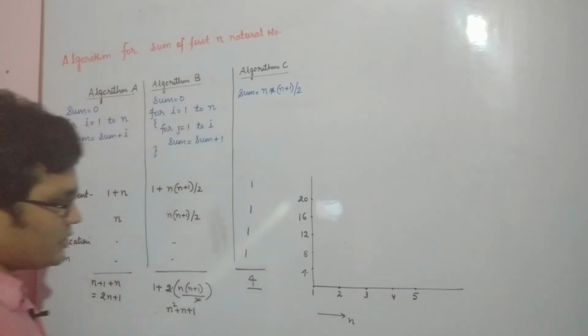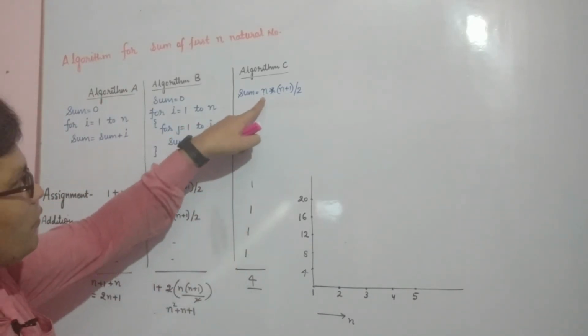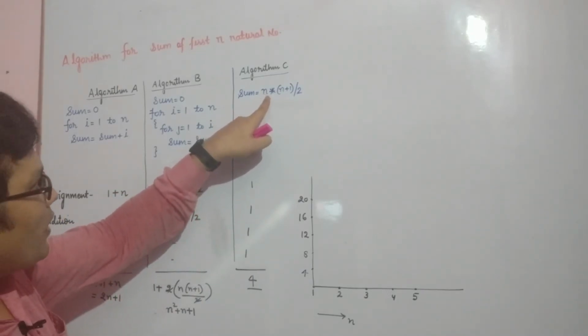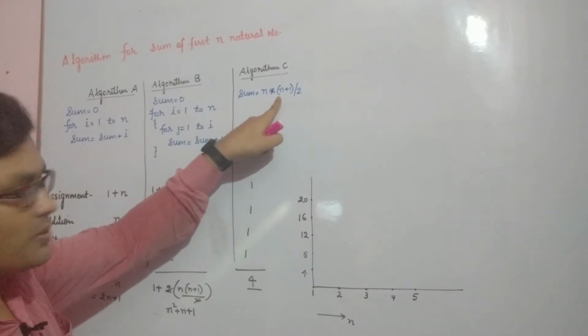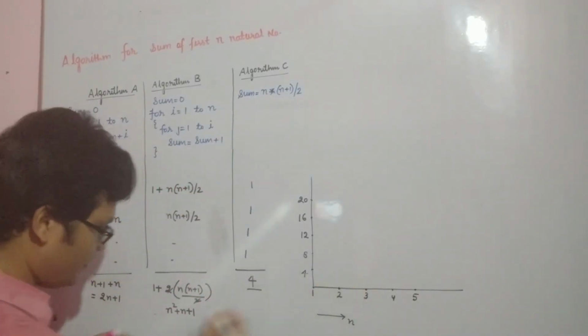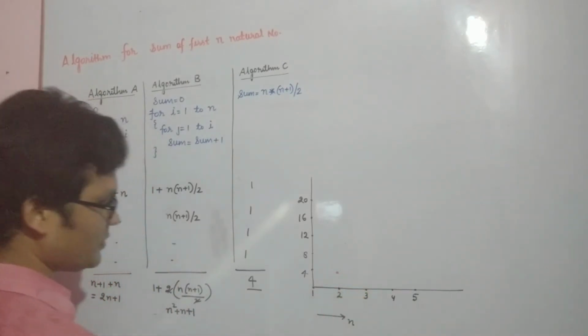Now, for algorithm C, if n equal to 1, in that case 1 into 1 plus 1 divided by 2, simple answer is 1. But how many number of operations? Same as it is, 4 operations. Just I am going to write here, this is 4 operations, right?